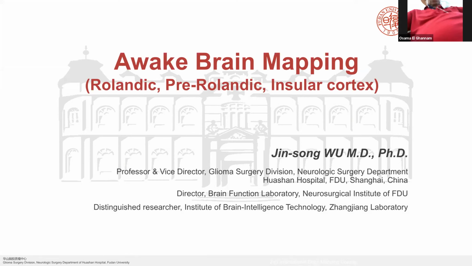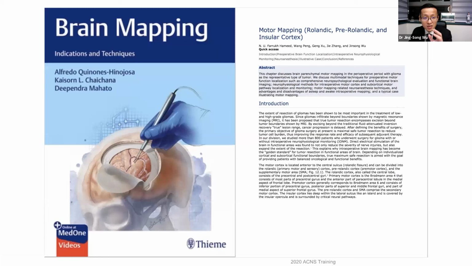In my opinion, awake brain mapping is very safe and convenient for eloquent tumor resection, especially for Rolandic, pre-Rolandic, and insular cortical glioma resection, no matter dominant or non-dominant. So this book, Brain Mapping Indications and Techniques, was published this year. The content of this course can refer to the chapter written by me in this book.